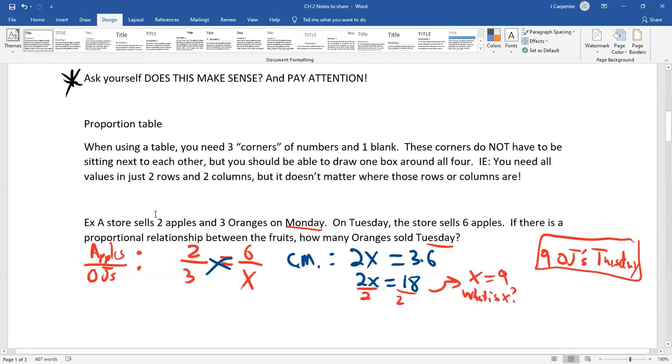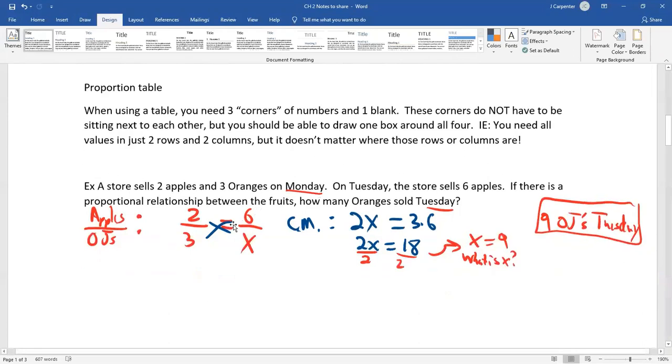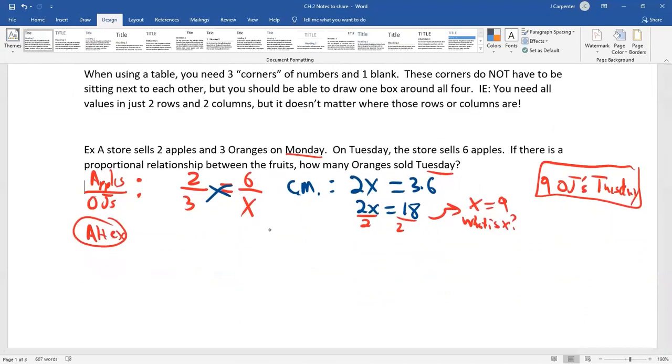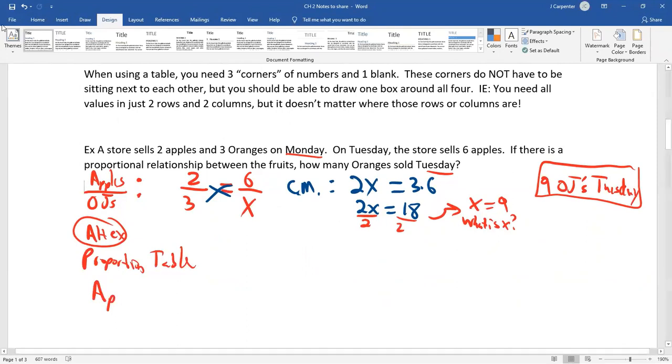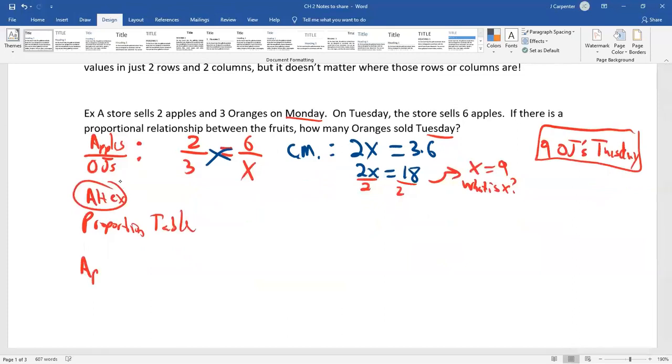All right, so here's the problem set up as an official word problem, but alternatively, I could have just said the following table is a proportion. So here we have a proportion table. And we have apples and we have oranges.